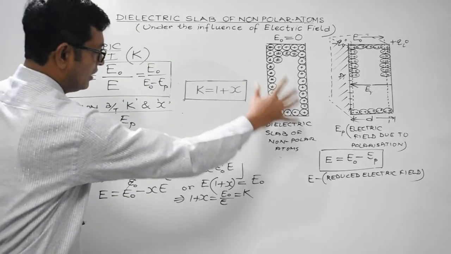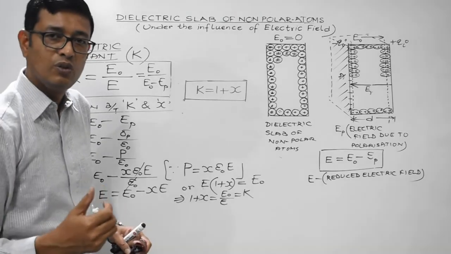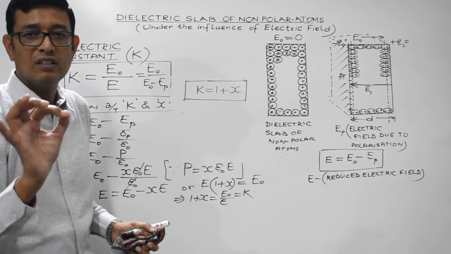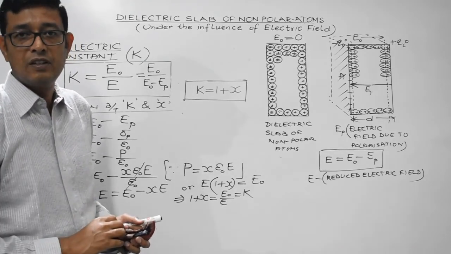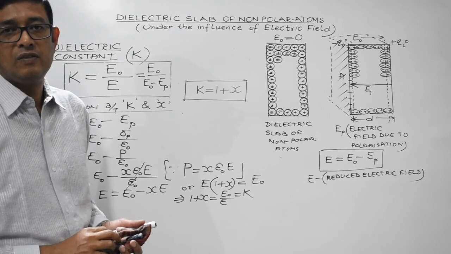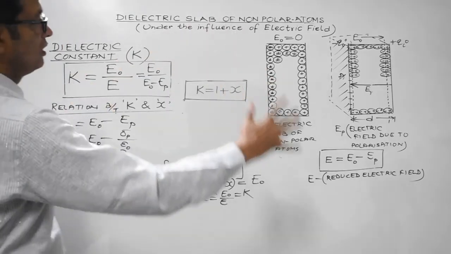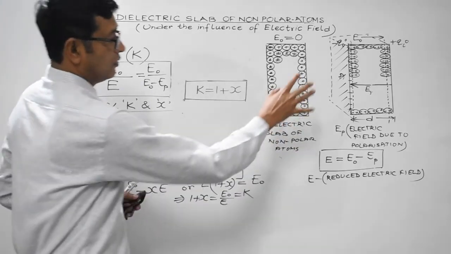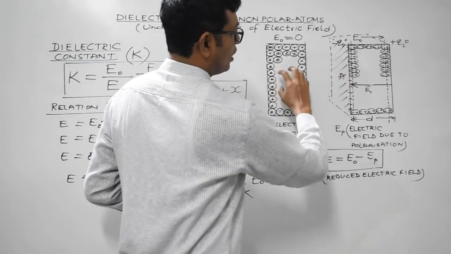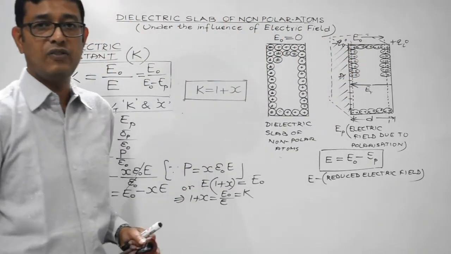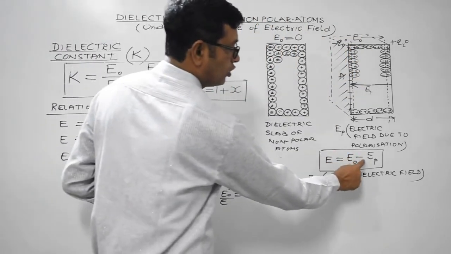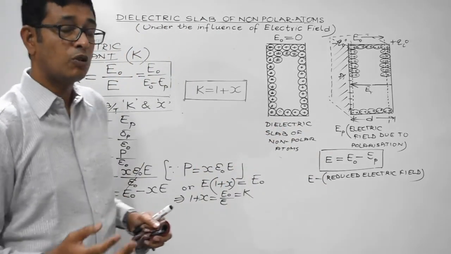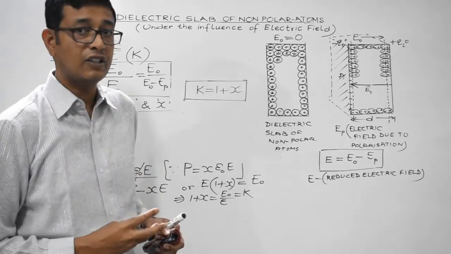These are some very, very important topics. You need to be thorough about whatever you are studying. Don't miss a single topic. Do every topic in detail. What we have done in this session is, we have discussed a dielectric slab of non-polar atoms under the influence of an external electric field. We have discussed the concept of electric field due to polarization, the reduced electric field, and the dielectric constant of a dielectric slab.